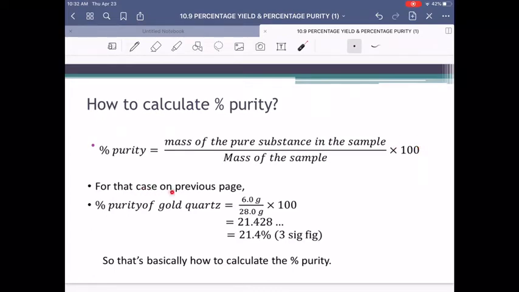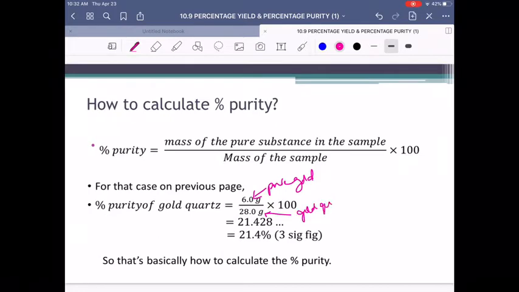So for the previous case, our percentage purity of the gold quartz is 6 grams, which is the pure gold, over the gold quartz, the one before you go to the goldsmith to refine. Then you multiply by 100. Then here you go, your answer must be in 3 sig fig. So that's basically how you calculate percentage purity.